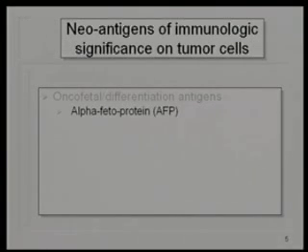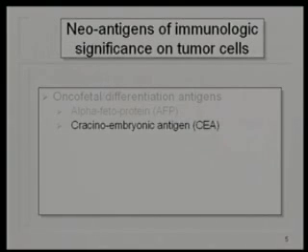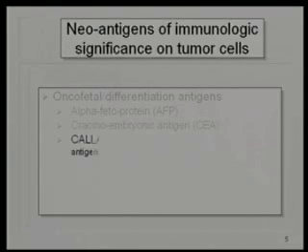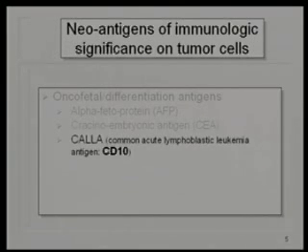The two examples that I will dwell on, which have some clinical relevance, are alpha-fetoprotein and carcinoembryonic antigen, and there is another one, CALLA, C-A-L-L-A, chronic lymphocytic leukemia, I think it stands for, but I won't bet on that. Oh, common acute lymphocytic leukemia antigen. It's also referred to as CD10.